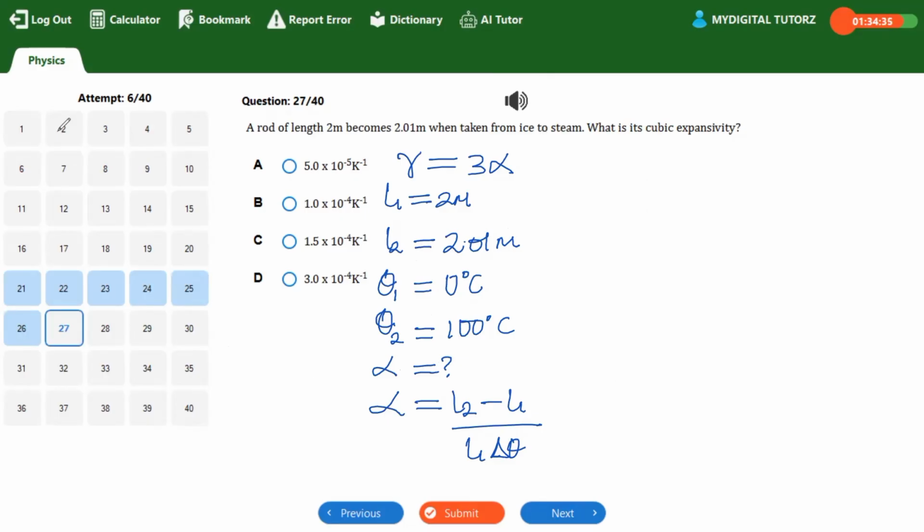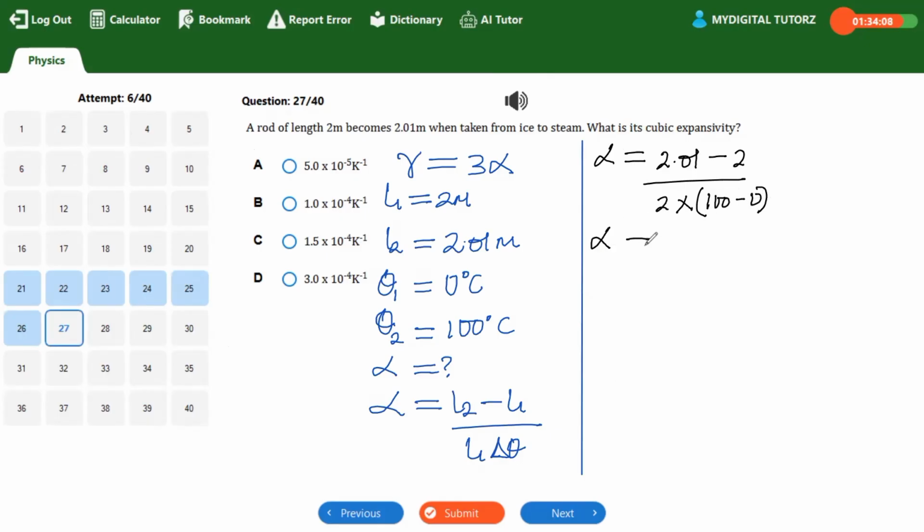Plugging in our values, alpha equals 2.01 minus 2, all over 2 multiplied by 100 minus 0. So I have alpha equal to 0.01 all over 2 multiplied by 100, which is 200.